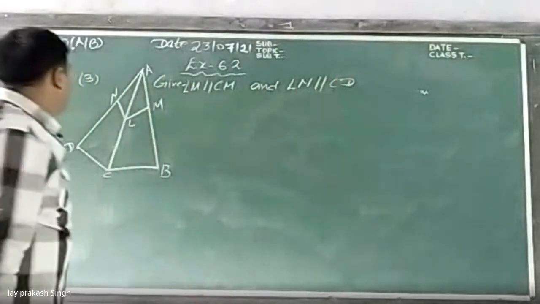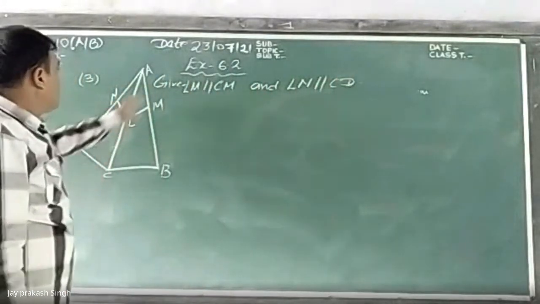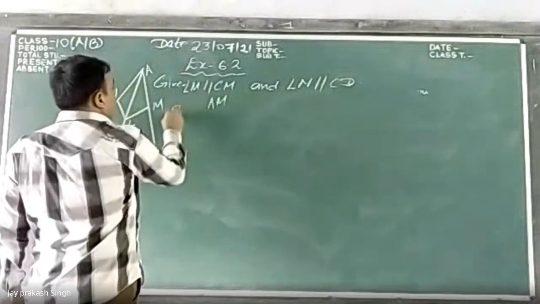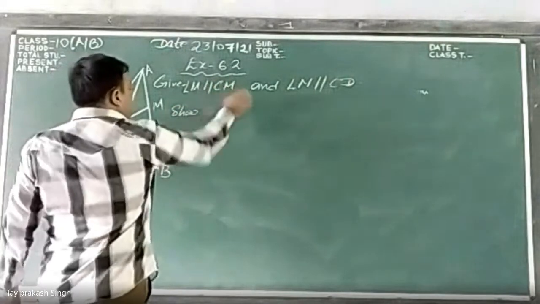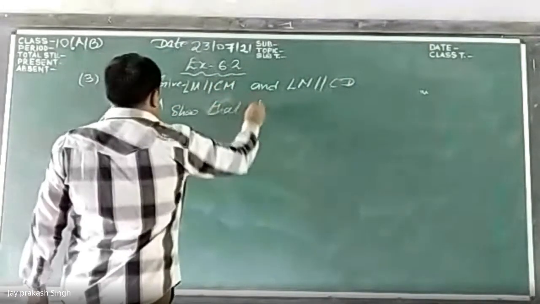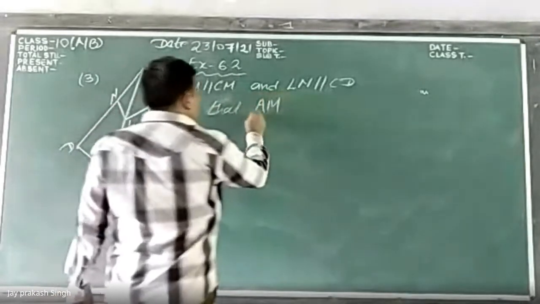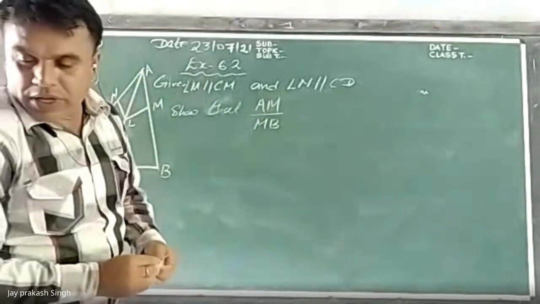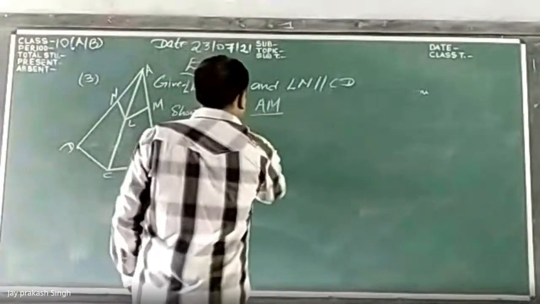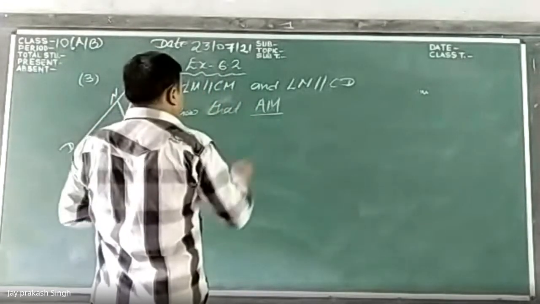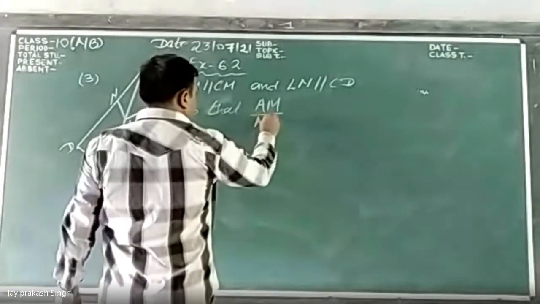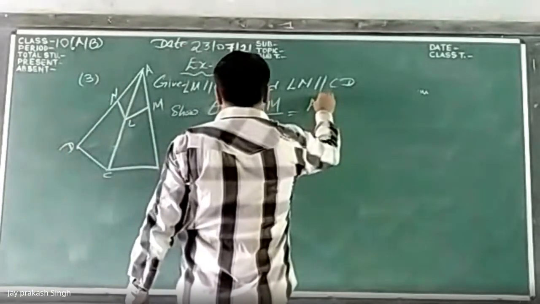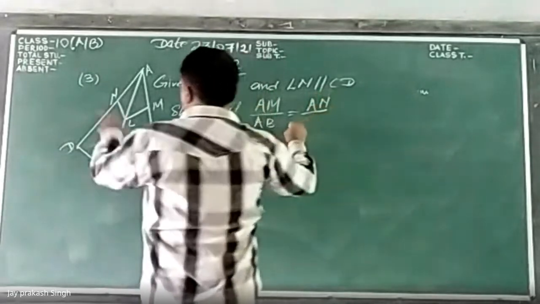Now, we have to prove that AM by AB is equal to AN by AD.